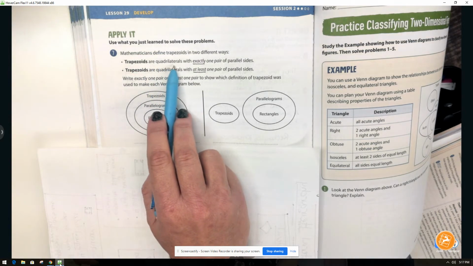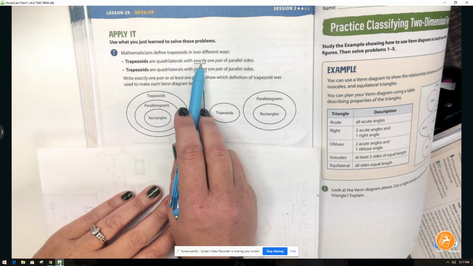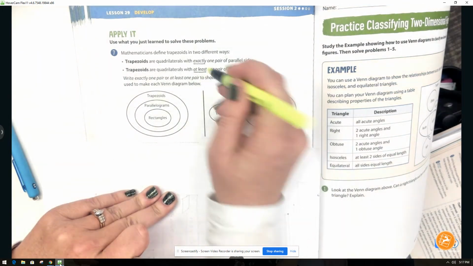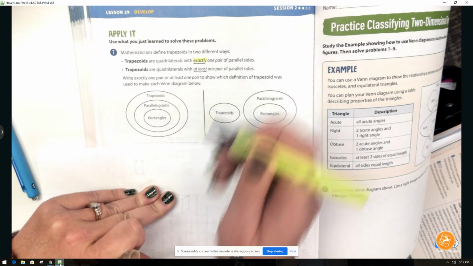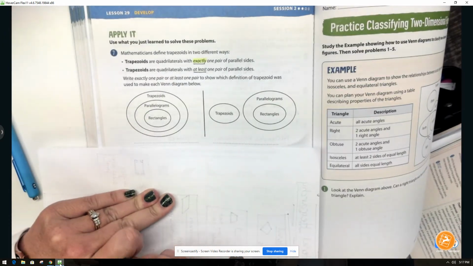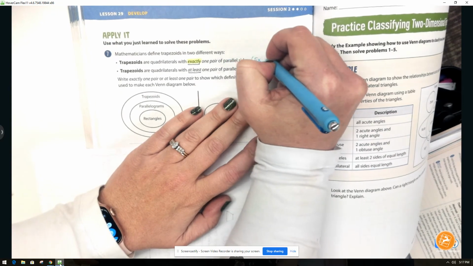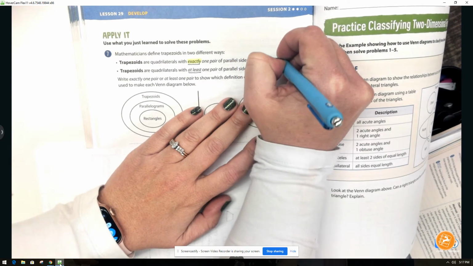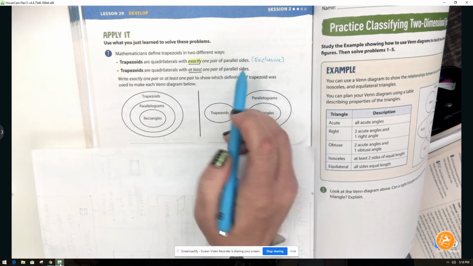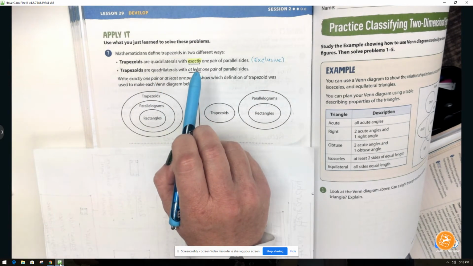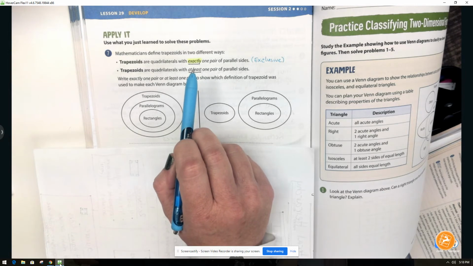Trapezoids are quadrilaterals with exactly, that's the big word there. I'm going to even highlight it because I want you to see that. Exactly 1 pair of parallel sides. So this type of trapezoid is called an exclusive. Meaning if you classify a trapezoid this way, it has to have only 1 pair of parallel sides.